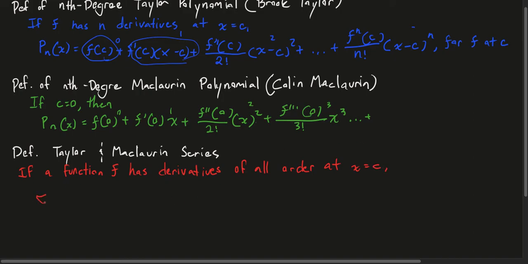then we could use the summation from n equals 0 to infinity of f to the n of c over n factorial times x minus c to the nth. And what that equals is the same thing that we've written for the definitions of the polynomials.